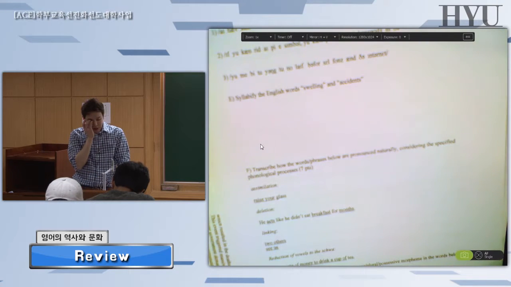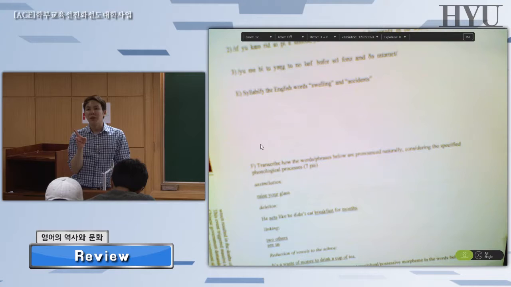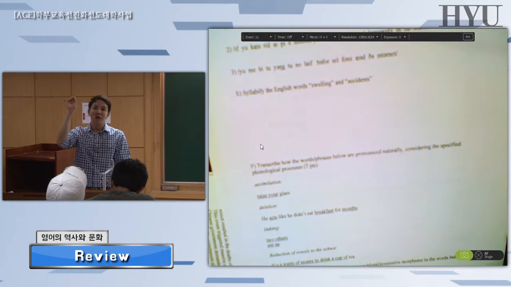The next part is from the phonology chapter, where you should be able to syllabify, right, to draw syllable trees. And remember that when we draw syllable trees, the nucleus is the most important thing, right?